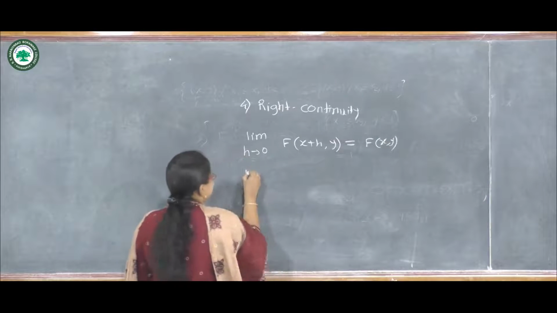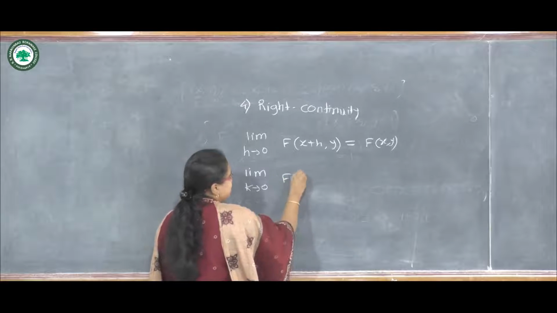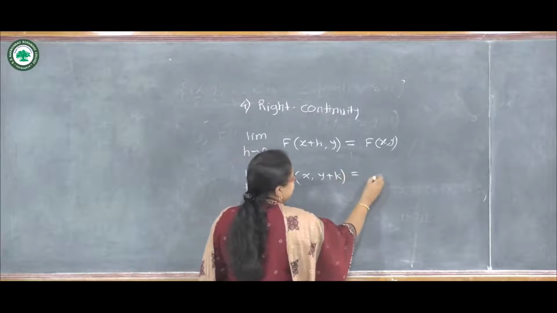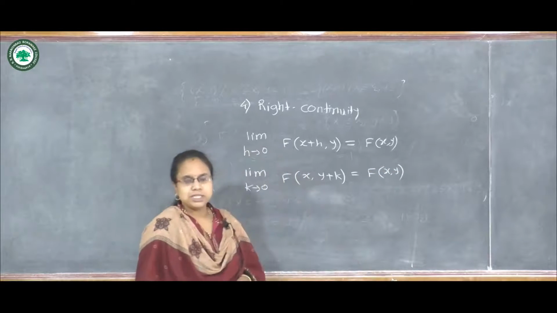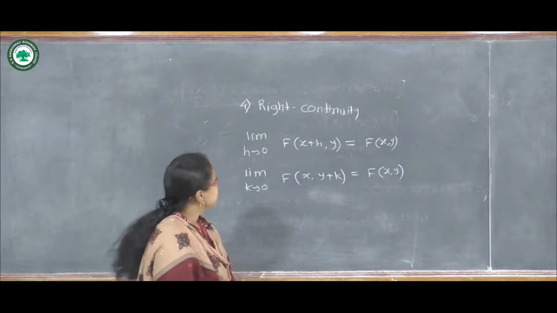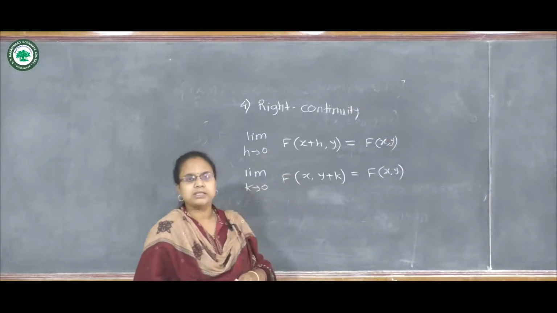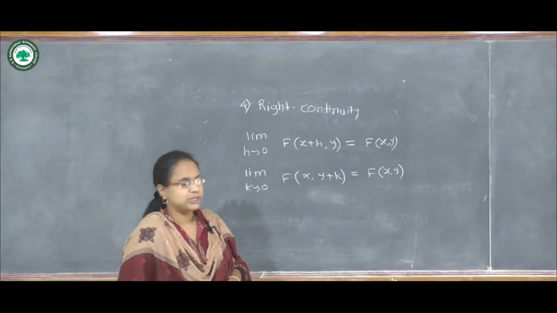Similarly, if we take the limit as k tends to 0, F of x comma y plus k is equal to F of x comma y. So this is the fourth property, that is right continuity. It says that F of x comma y is right continuous in its range.